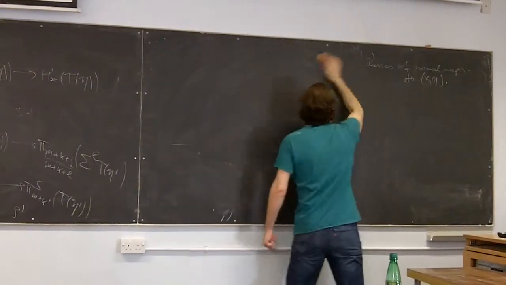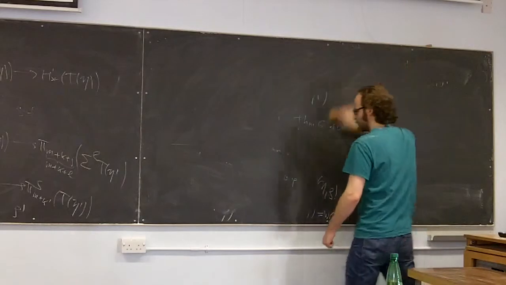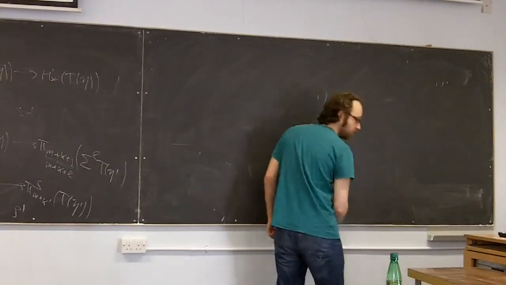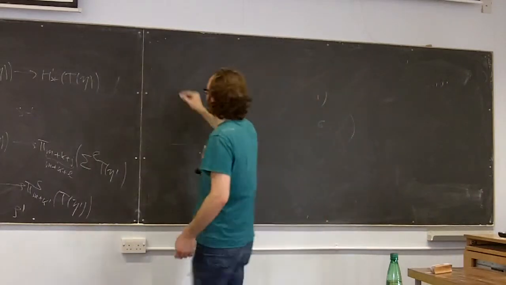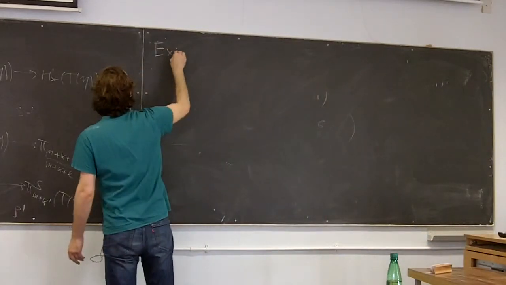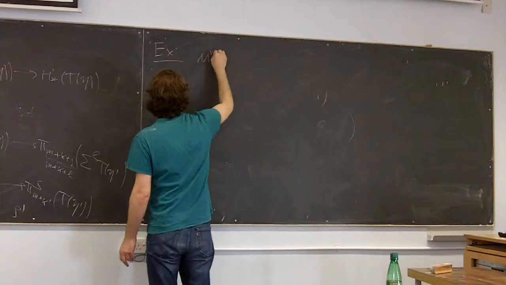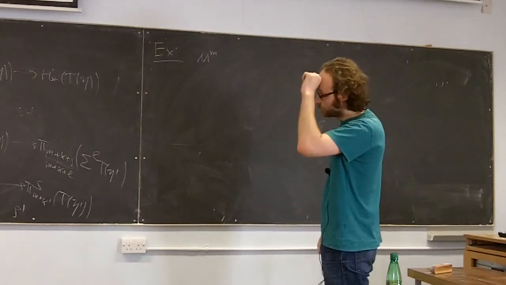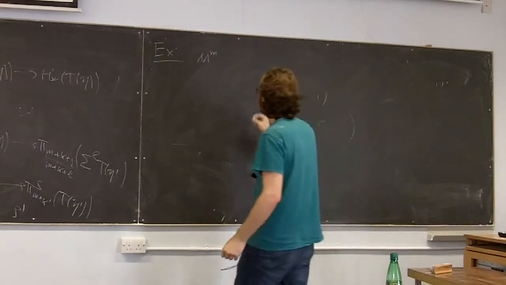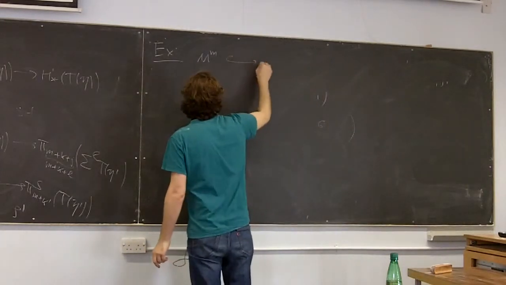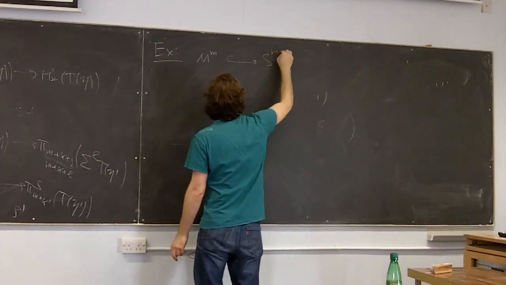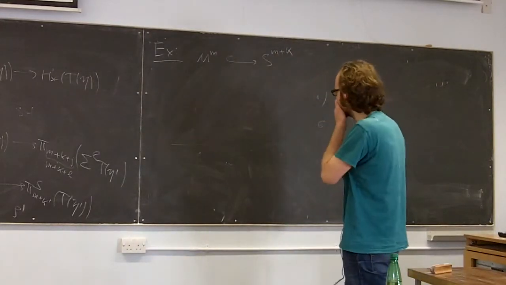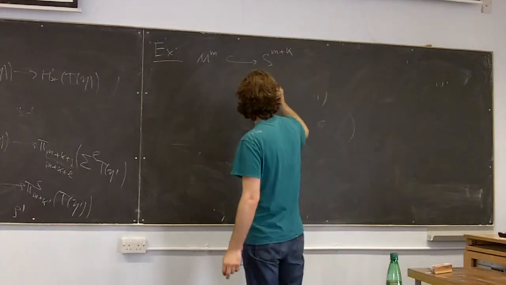Okay, this might look a bit confusing, but let's look at an example. If you have an m-dimensional manifold, we can embed it into a high-dimensional sphere, certainly.